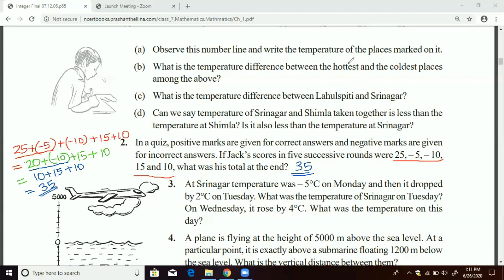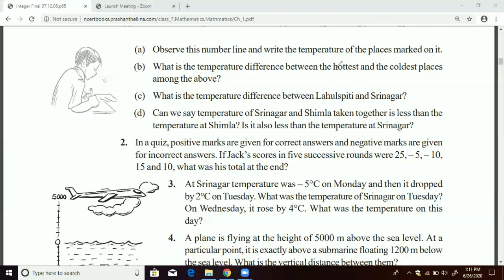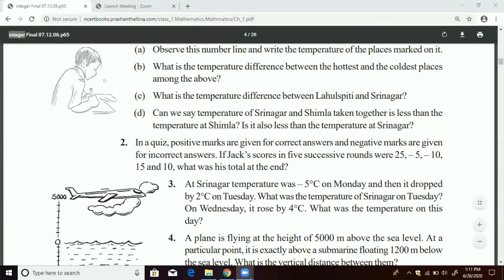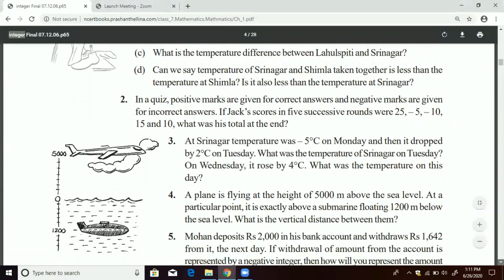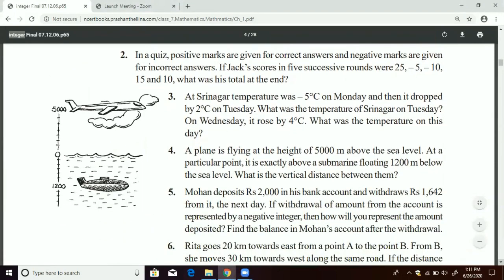Now come back to the next question. The third question, we can read the question. At Srinagar, the temperature was -5 degrees Celsius on Monday, and then it dropped by 2 degrees Celsius on Tuesday.